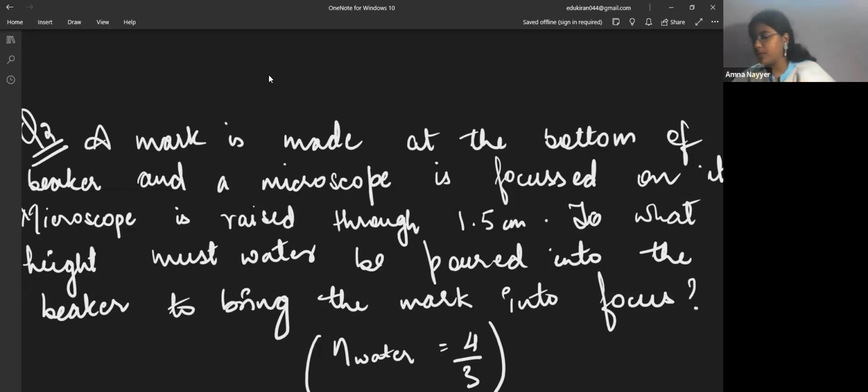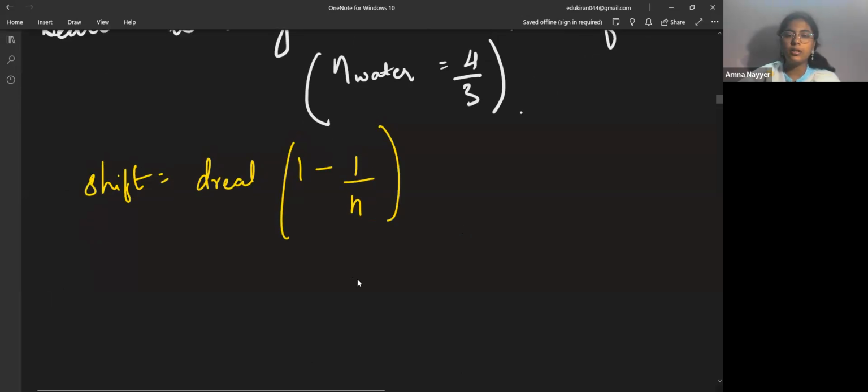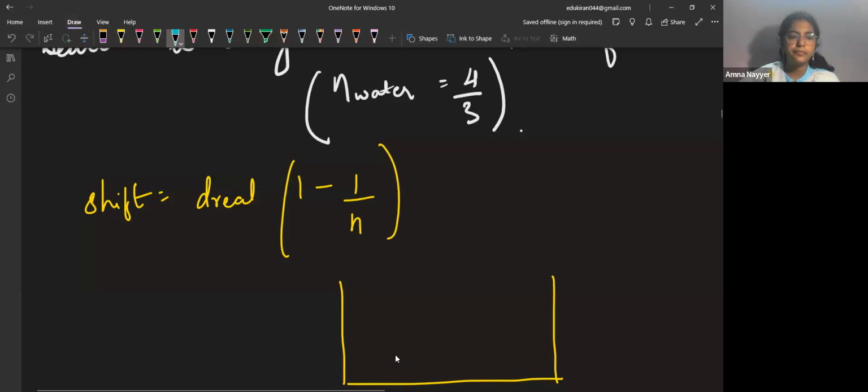I'll show you with the help of this diagram. Look, this is a beaker. I have to pour in water. When you are pouring in water, you will start pouring it from the last layer. You cannot pour the water in air. You have to pour it totally.